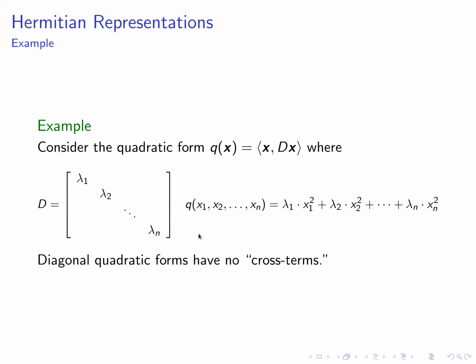So the moral here is that diagonal quadratic forms have no cross terms. So in our scenario here, there aren't any x1 times x2 terms, or x2 times x4 terms, or x3 times x6 terms, and so on. We only have square terms when the matrix representing our quadratic form is a diagonal matrix.